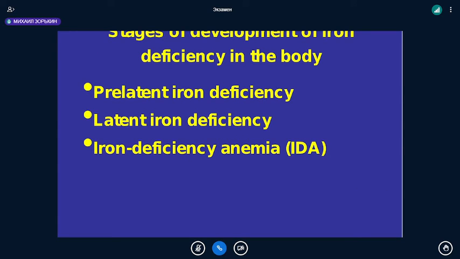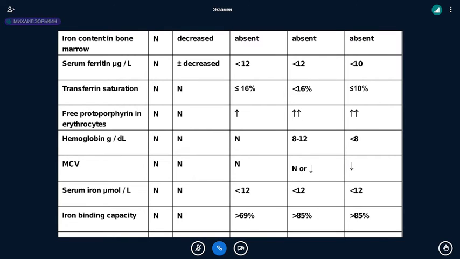Stages of iron deficiency in the body. Four stages are commonly made: prelatent, latent, and two stages of true iron deficiency: early IDA and late IDA.